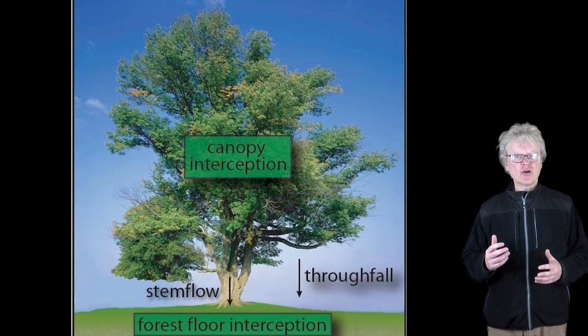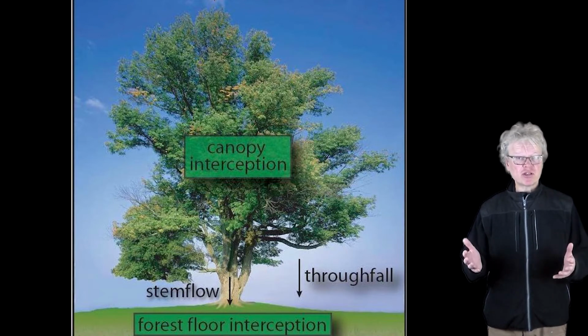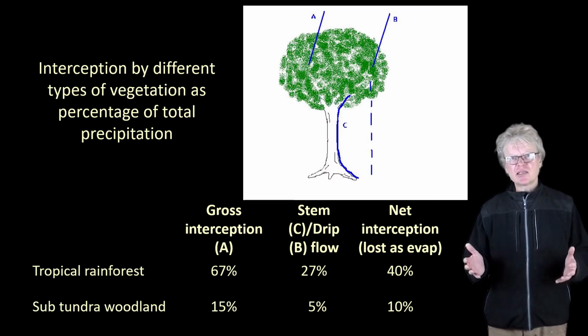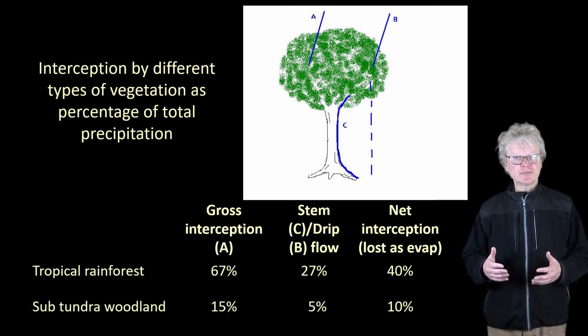And studies have shown that in forest areas, as much as 60% of that precipitation is stopped and stored on the vegetation, depending on the intensity of the rainstorm. But on average, it can be that high.